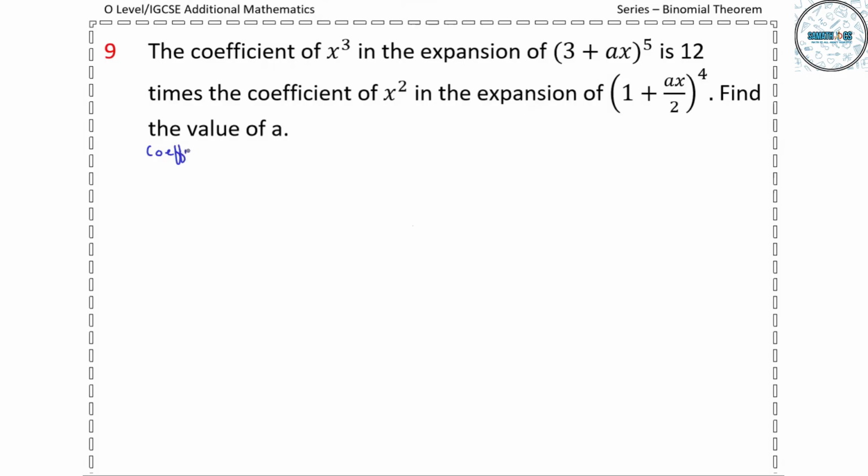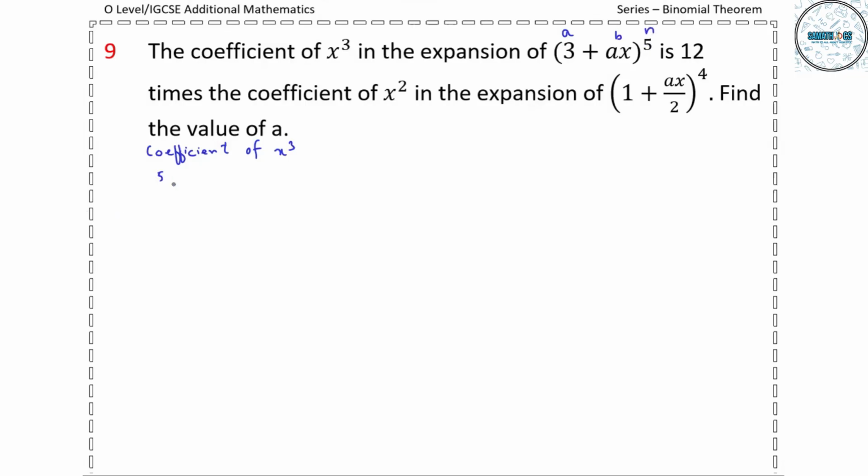So first of all, the coefficient of x cube. We'll take out the value of r first, for which we will substitute the values of a, b, and n in the formula. Here 3 is a, ax is b, and 5 is n.